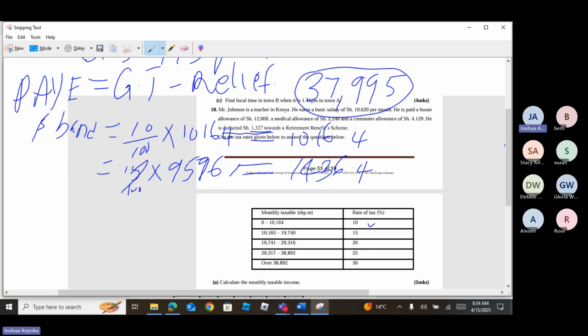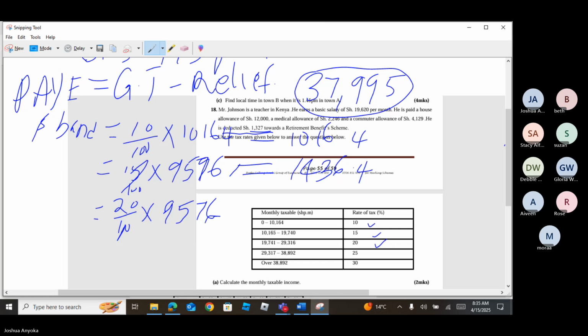Third band: 20% of 29,316 minus 19,740. What do you get? 9,576.